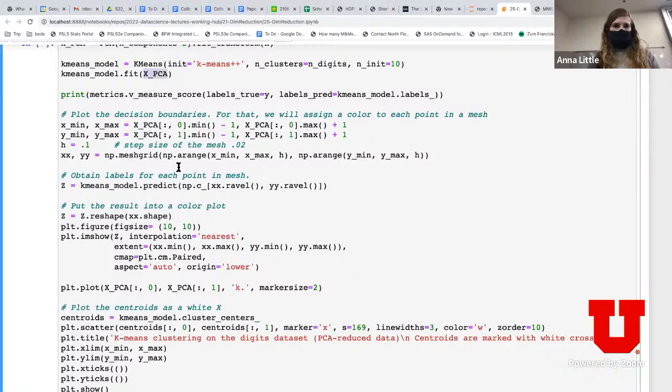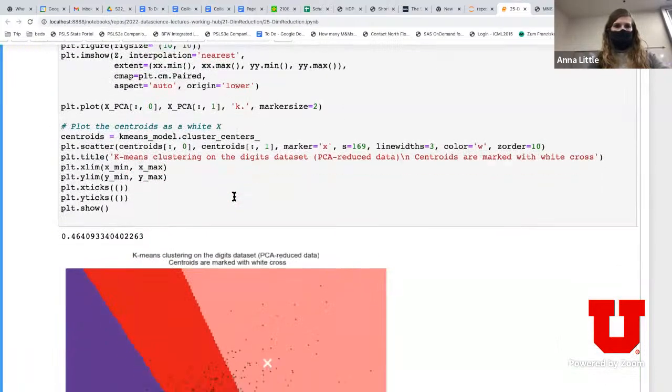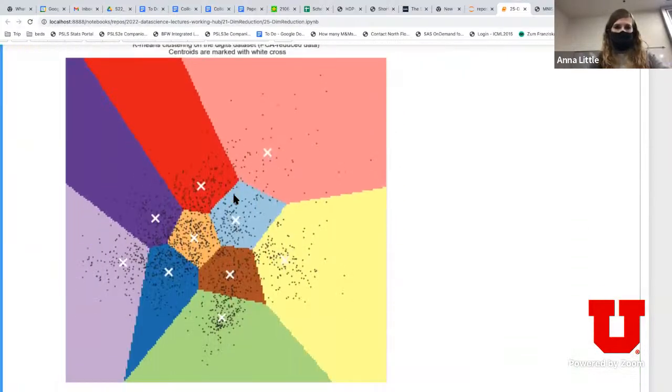Actually, let me scroll down here so we can visualize what this code is doing. This is the 2-dimensional PCA plot of the data. And then these little white X's are the centroids returned by the k-means algorithm when applied to that PCA embedding.